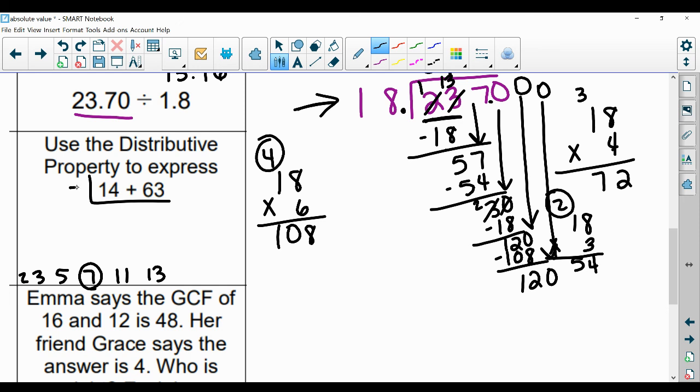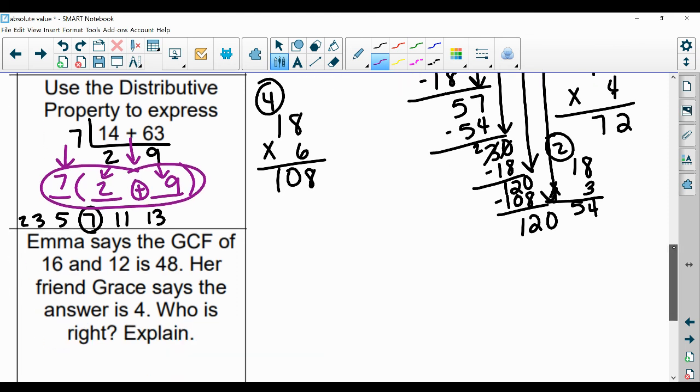So I'm going to try 7. 14 divided by 7 is 2. 63 divided by 7 is 9. And I know that 2 and 9 don't have anything in common. So that means I'm done. So what I have to do is set up my parentheses and drop my numbers down. Okay, and I'm going to keep the sign the same, and then that's all we have to do here.